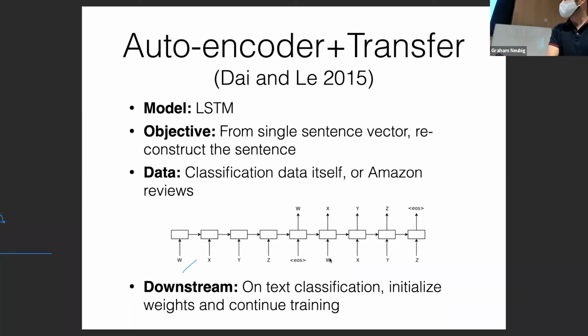Because of that, if you think about the decoding path, would it be easier to have Z look at Y and say, oh, Z is a word that commonly follows Y, so I'm going to predict Z? Or would it be easier for Z to back propagate all the way back to Z here and say, well, I saw Z like 50 words ago, so I'll probably see Z here?